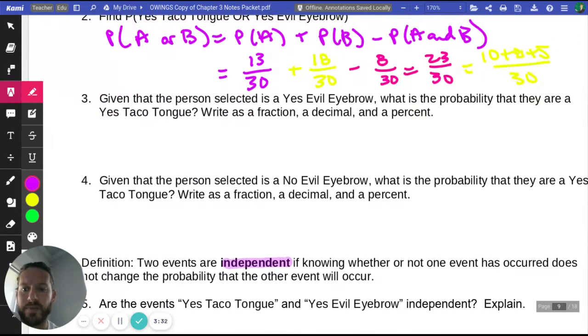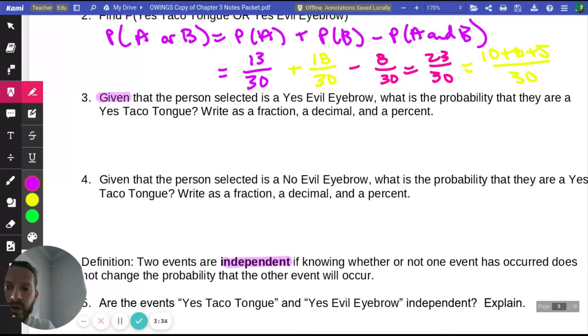So first, we're going to look at people who can do evil eyebrow. People who can do evil eyebrow, can they also do taco tongue? And then we're going to look at people who can't do evil eyebrow. People who can't do it, can they do taco tongue? And if that's the same percentage, then we'll know that the 2 events are independent, because being able to do one doesn't affect you being able to do the other.